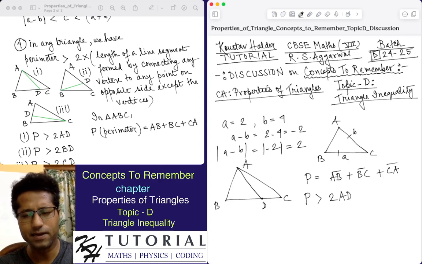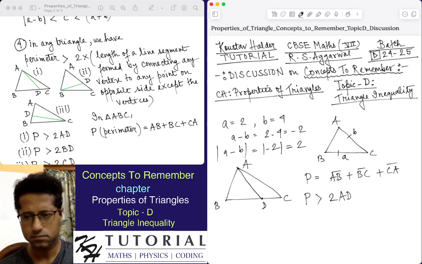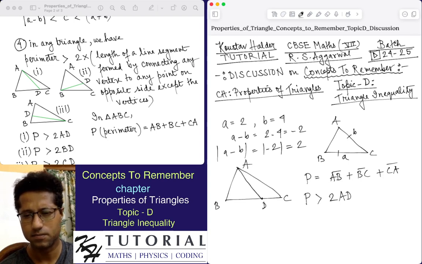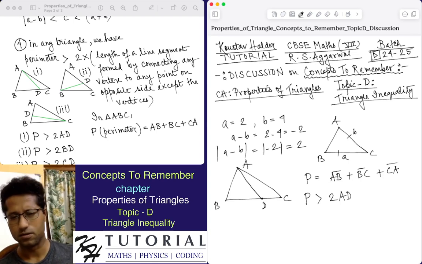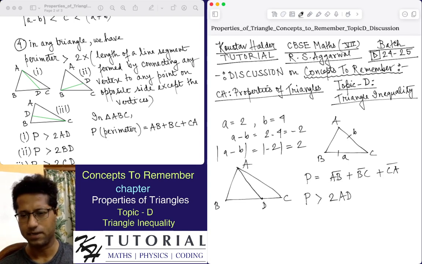What is AD? AD is the line segment that is formed by joining any vertex A and a point on the opposite side. If I take a point D anywhere on the side BC and connect A and D, I get the line segment AD.